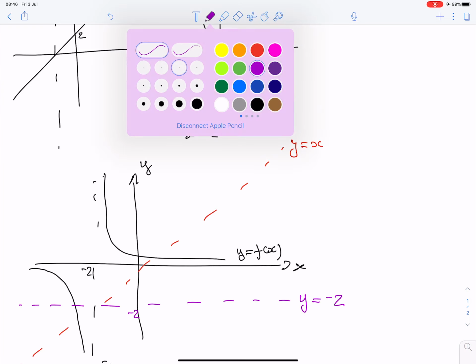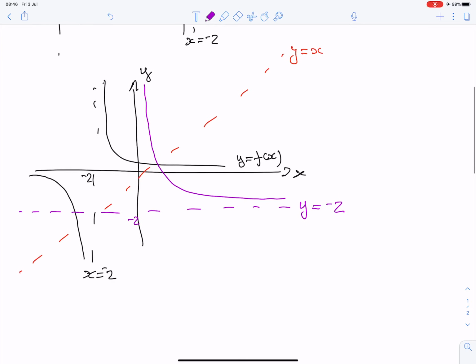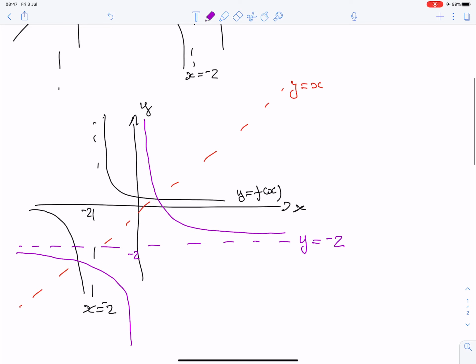And that makes it fairly easy to sketch our graph. So our graph is going to come down like that. And similarly here, it's going to come like that. So that's our graph of y equals f inverse of x.